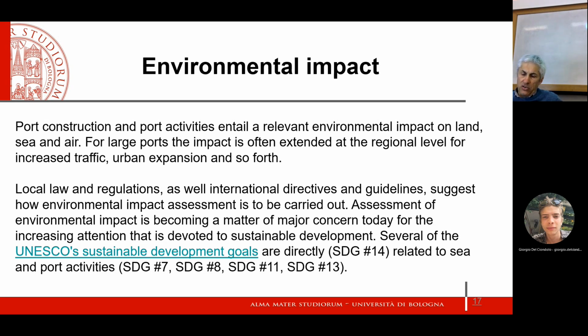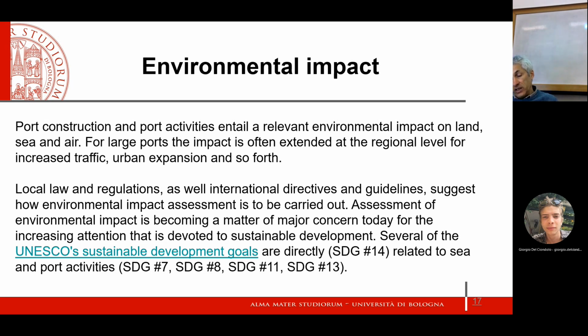It is also a matter of limited circulation, limited exchange of water into the harbor. And also there is urban expansion around the harbor, and therefore you have releases of sewer water, you have releases of pollution from the urban expansion.